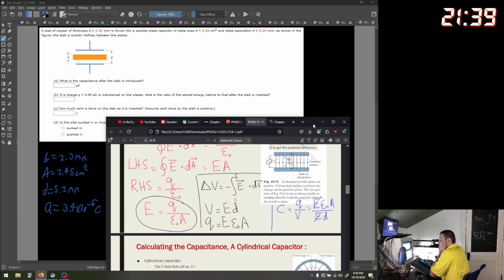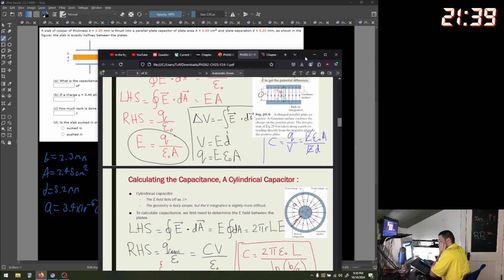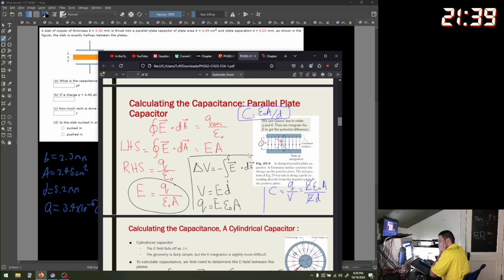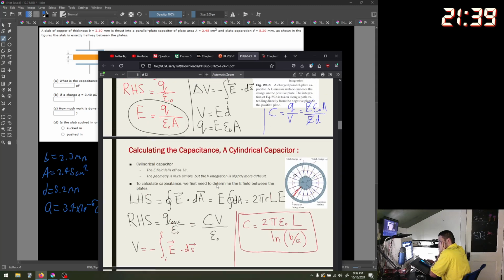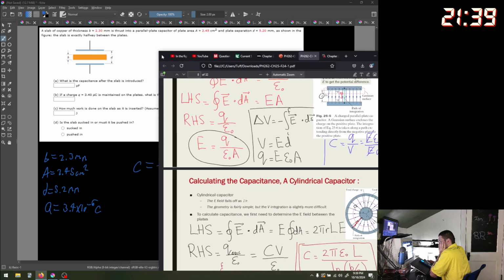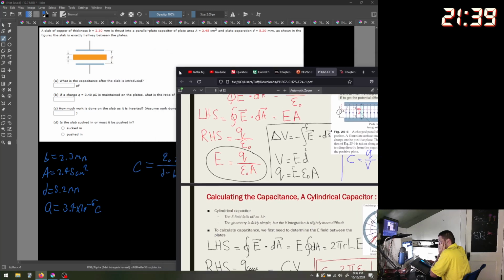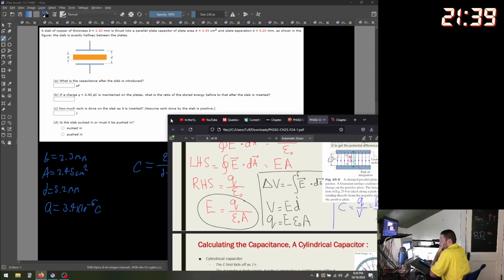Ratio before and after? E equals Q over epsilon 0 A. Energy stored, is that going to be E?